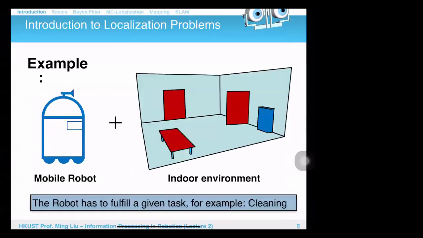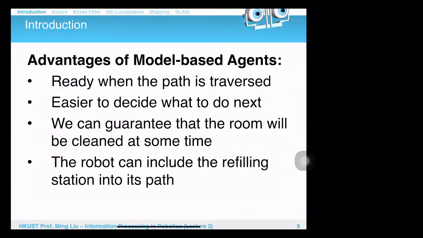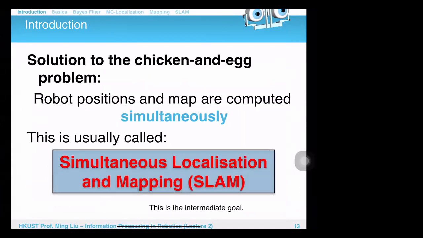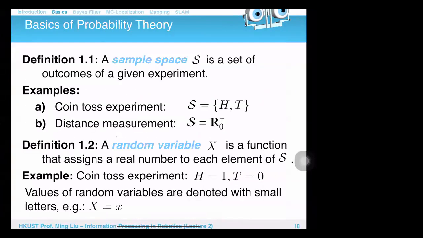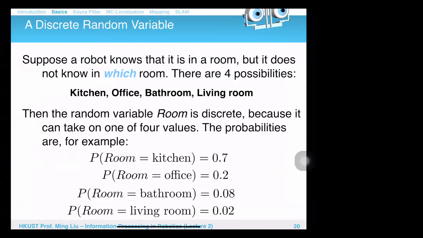Last time we gently introduced what a SLAM program is, and also quickly recapped some concepts in the basics of probability theory. We quickly reviewed what a sample space and a random variable are, and that they can be discrete or continuous.